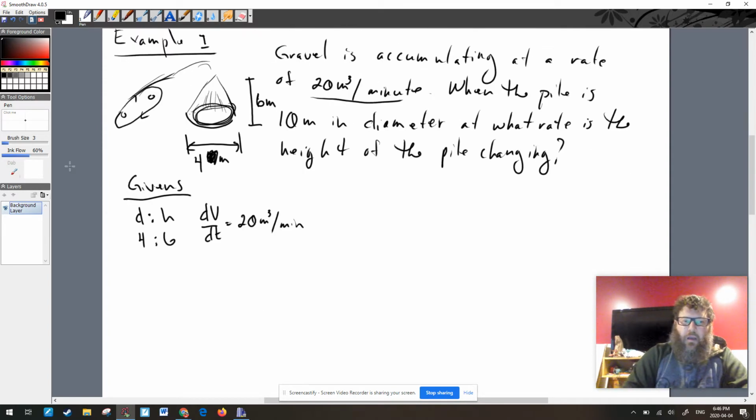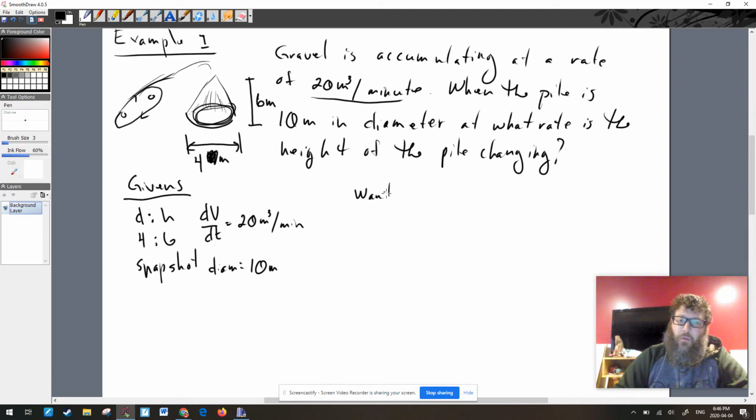And we have a snapshot. Our snapshot says when the diameter is equal to 10 meters. And again, that's really important. What we want, okay, our wants: it says, at what rate is the height of the pile changing?